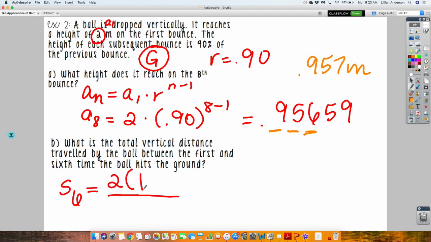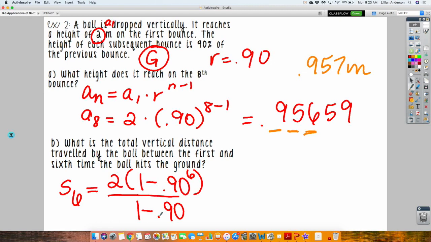What's my first term? 2, times 1 minus, what's R? 0.90, raised to the n, all over 1 minus R, which is 0.90.